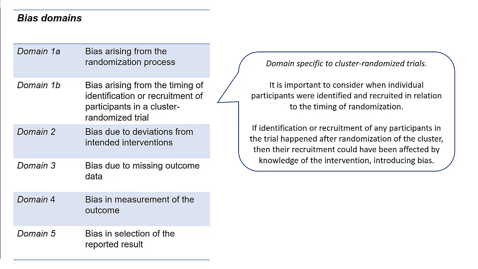But by that point, of course, those who are delivering the intervention know that the cluster is receiving the intervention. Because of that, there's the opportunity to selectively identify or recruit participants into the trial for the measurement of outcomes. So this is a particular issue that happens in cluster randomized trials and needs assessment in terms of its potential to bias the intervention effect.